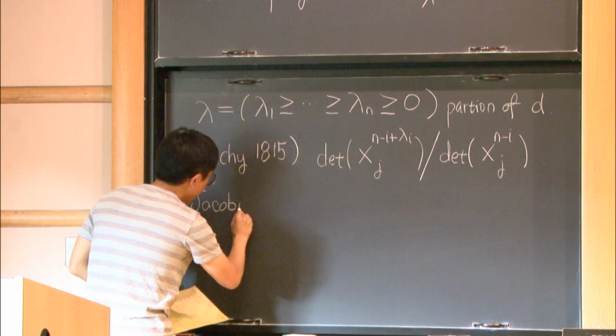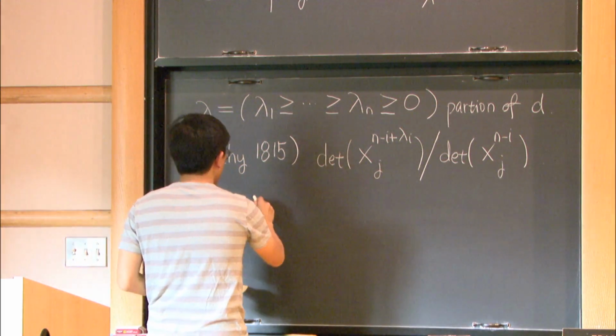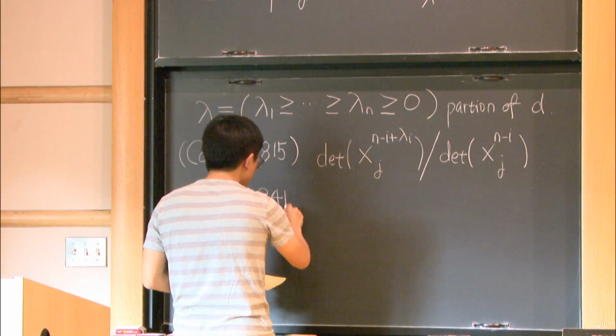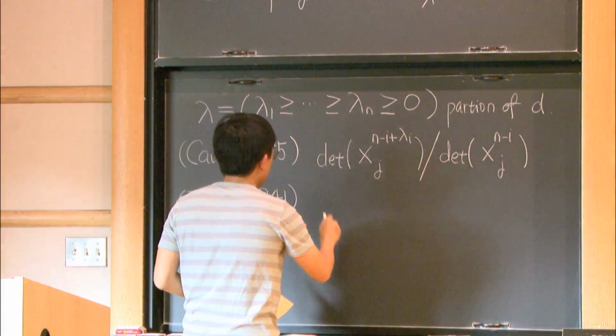And a few years later, Jacobi came up with an equivalent definition, which is obviously a polynomial, which is also a determinant.